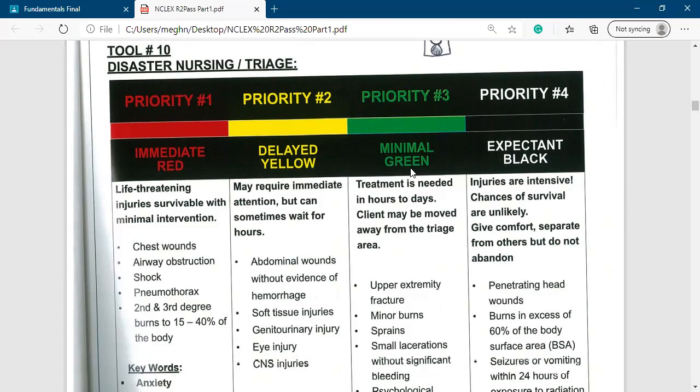Examples of green tag are abrasion or cut or a slightly broken bone, not too much pain. Treatment is needed in hours to a day's delay. So if the patient waits for a long time, they will not die. The client may be moved away from the triage area, right?